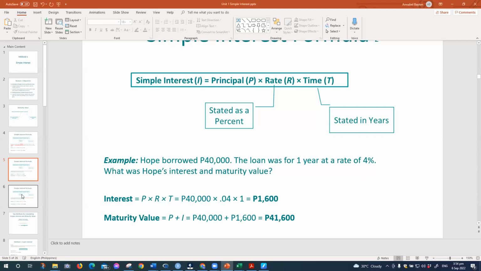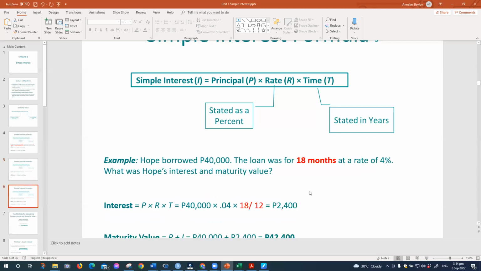Okay, let's go now here. Another example. This time it's 18 months. So similar to the first one. 6 months yung nauna. Ngayon, 18 months naman. So ganun din. Since yung rate natin annual, yung term natin monthly, hindi pa pwede i-multiply. So kailangan i-convert natin si months into years.